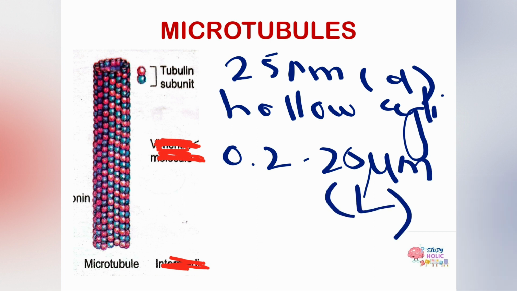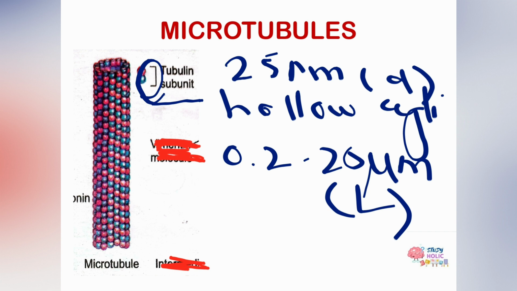I hope you get it. If we talk about the material of which the microtubules are formed, they are formed of the protein known as tubulin, as you can see over here. And each tubulin is a dimer, that means two. As you can see, here are the blue and red colors, and in the structure there are also the blue and red dimers forming the microtubules.